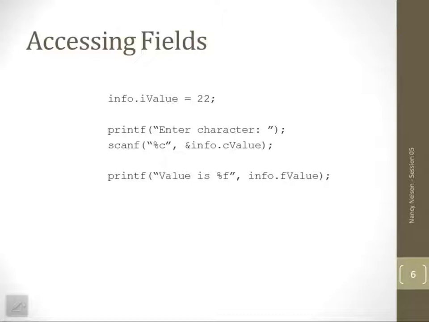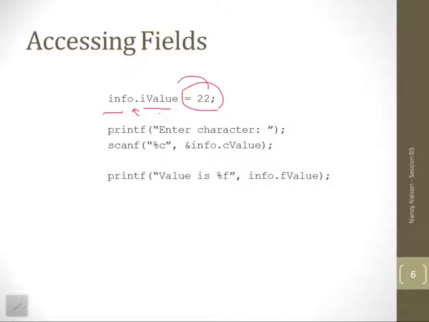Once we've declared space for our union, we can start accessing the fields. I had declared an integer field in there, which I called iValue. Again, just like a structure, we use the dot operator: the name of my union, the dot operator, and then the field name. It was an integer, so we can assign something like 22 or 147.